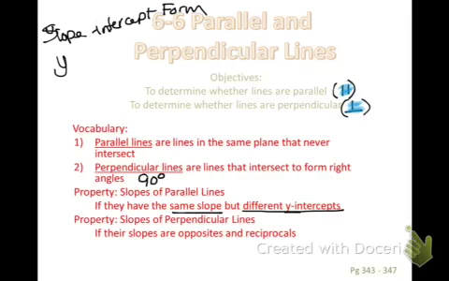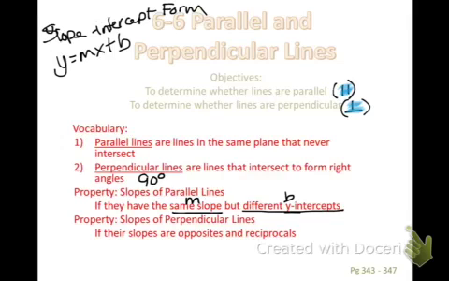For those who remember, that's y equals mx plus b. So for parallel lines, they need to have the same m, but different b. If you have the same b and the same slope, that means it's the same line. That would be considered coincident if they have the same of both.